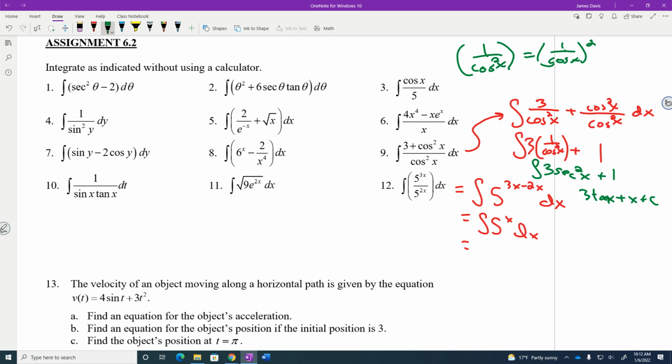Let's just run through and see if there's, so like 1 should be fine, 2 should be fine, 3 is fine. Okay, so 4, same idea here. Number 4, you're gonna want to rewrite that. 5, how are you gonna rewrite this? 2 over e to the negative x.